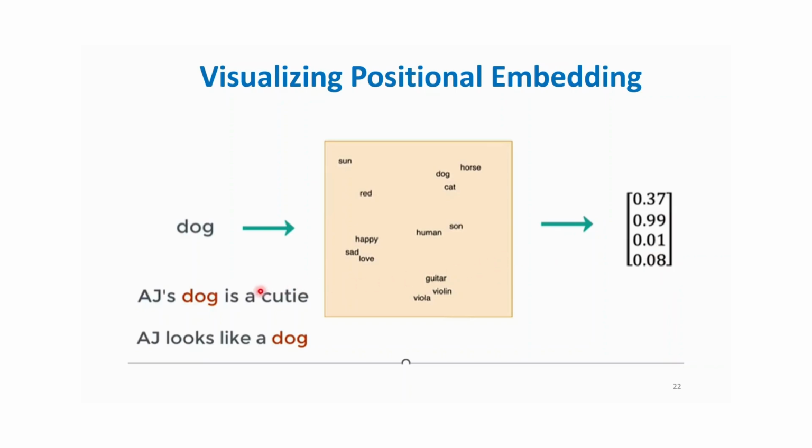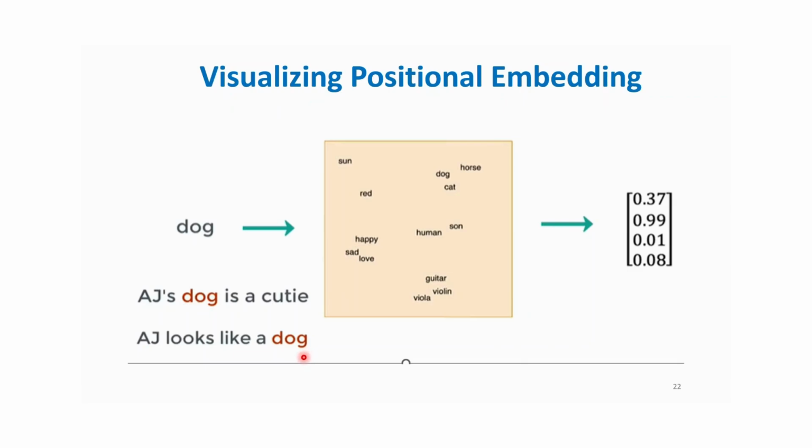Let's say, AJ's dog is a cutie. This is the first sentence. Here you take the second sentence: AJ looks like a dog. The position of the dog changes, the meaning changes, because in the first sentence it means the dog, and in the second sentence it actually means AJ himself.